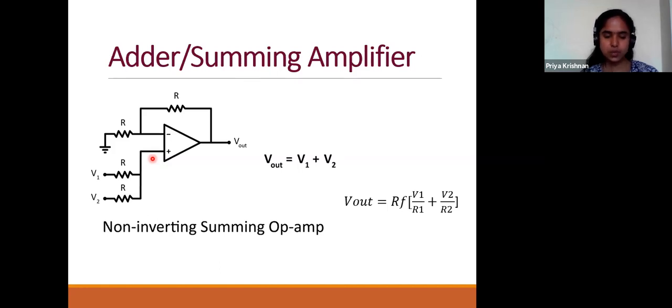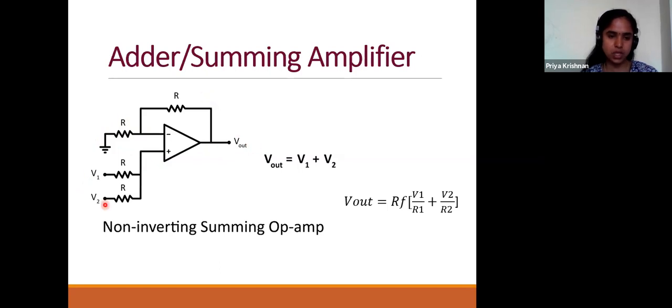For the non-inverting amplifier, if I apply plus 5 volts, I'll get the plus sign only. If I apply my inputs to the minus side, that is the inverting side, if I apply 5, then I'll get minus 5 here. Hope you are able to follow.